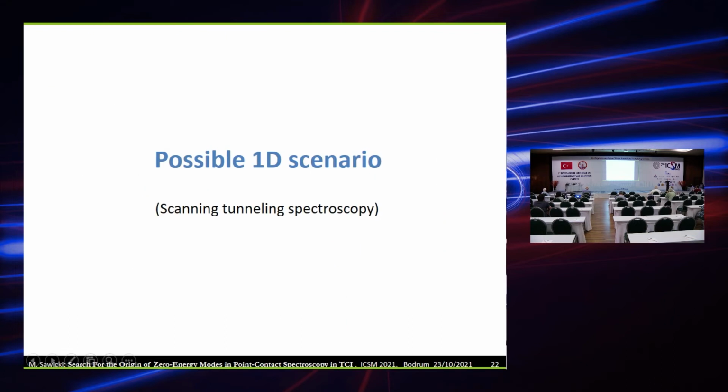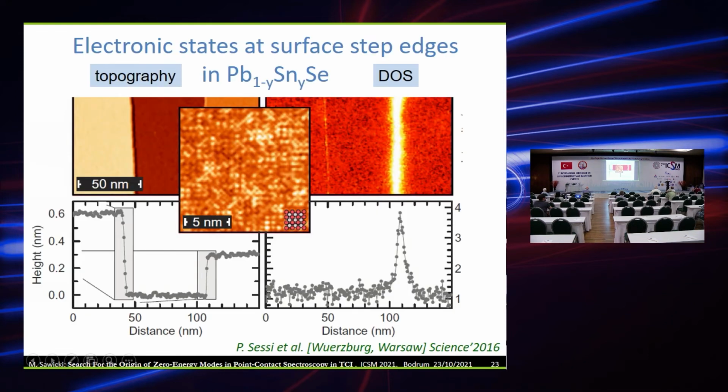The last thing I want to show you is a possible scenario that we called the 1D scenario. In similar samples, it has been found that on some of the surface steps there is a very largely increased density of states. And this largely increased density of states takes place only on the steps which are odd.